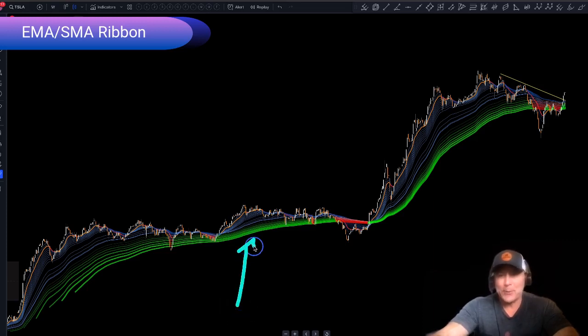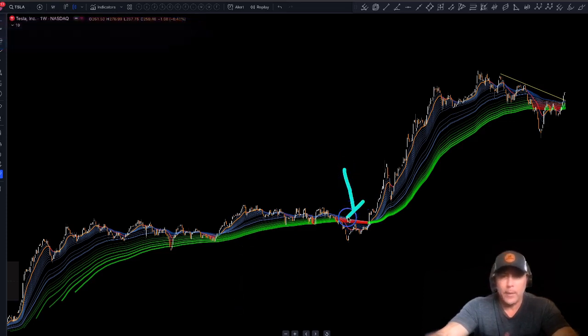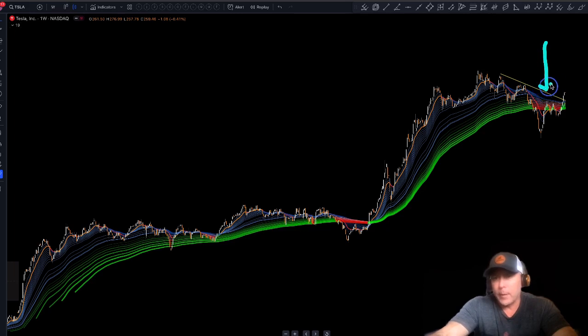Green represents strength. With this indicator, you don't even need to overthink it. And then red is obviously weakness. Right here, we've got some red, but what you can see is we've got this new green section. Again, we're on the weekly. Remember the speedometers, it's bullish for the daily, weekly, and monthly time frame.